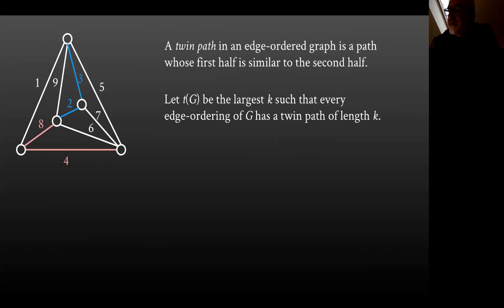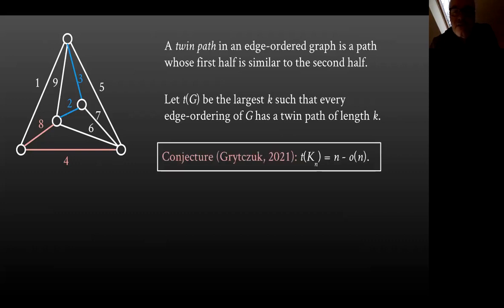And we can define the largest k such that every edge ordering of a graph has such a twin path. Maybe I should say that this topic is not studied at all so far, so everything here is quite open.